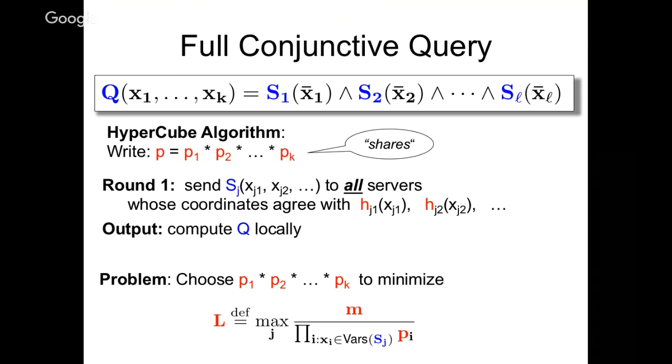And after this single communication round, we will compute Q locally. This is exactly the triangle algorithm generalized in the obvious way. The interesting theoretical problem is what is the optimal choice of these shares that minimizes the load?